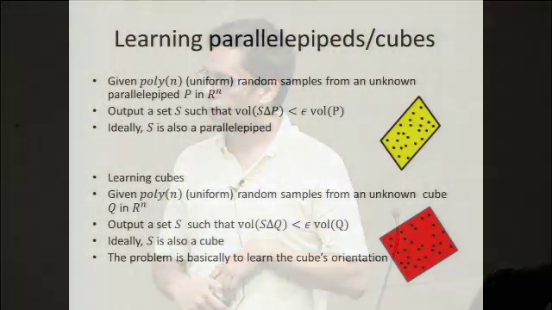I'm only going to talk about this today. This uses similar high-level ideas, but it's more complicated. So I'm going to give you some intuition about how to learn cubes and parallelepipeds, and also talk a little bit about the relation to these areas in signal processing.